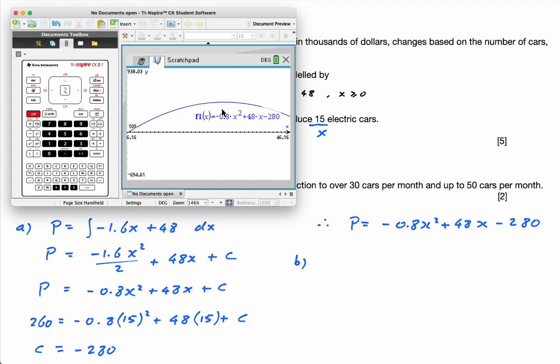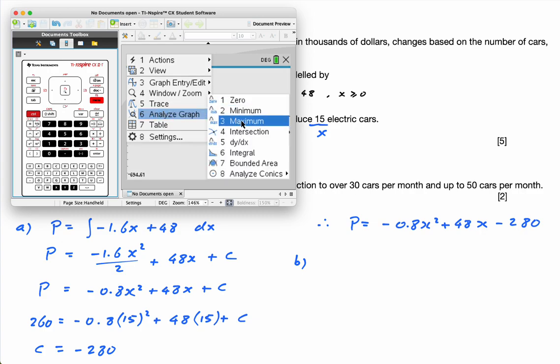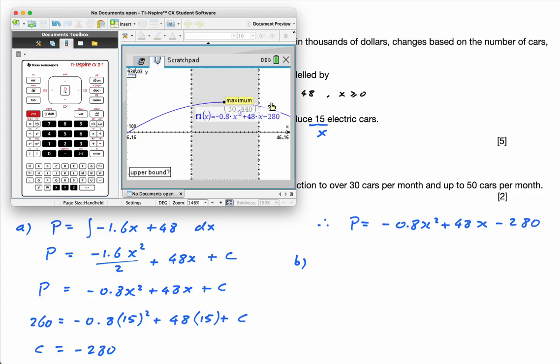So it's just a negative quadratic. What's that maximum point there? Well, the maximum point is actually 30, as I guessed or could see by subbing it into the derivative. So after 30, the profit starts to decrease.